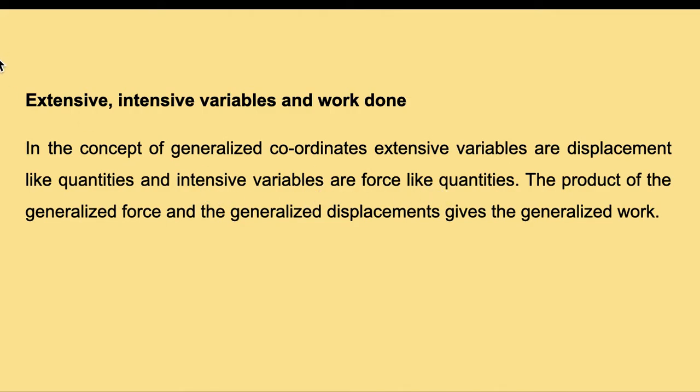That means you are writing F into ds, or F dot ds. So in place of ds, here we are writing dV, and in place of F, we are writing P. So intensive variables are force-like quantities and extensive variables are displacement-like quantities. And this is the case of a hydrostatic system.